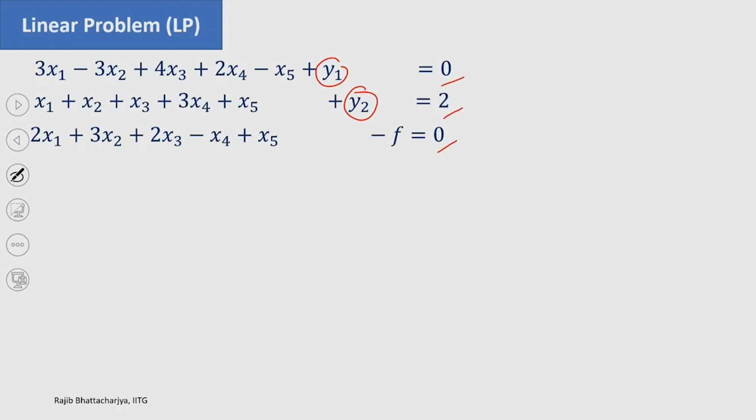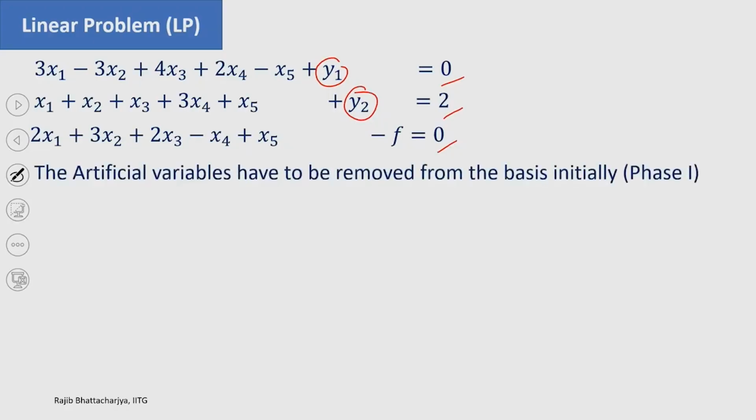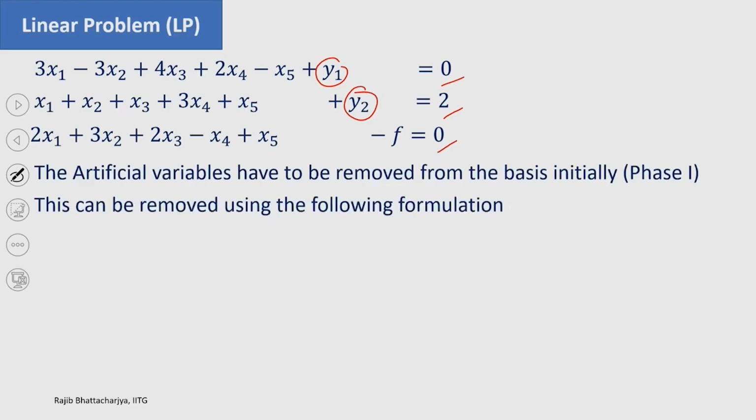So, x1, x2, x3, x4 and x5 are 0, they are non basic variables, and y1 and y2 are basic variables. The artificial variables have to be removed from the basis initially. This can be done by using the following formulation.